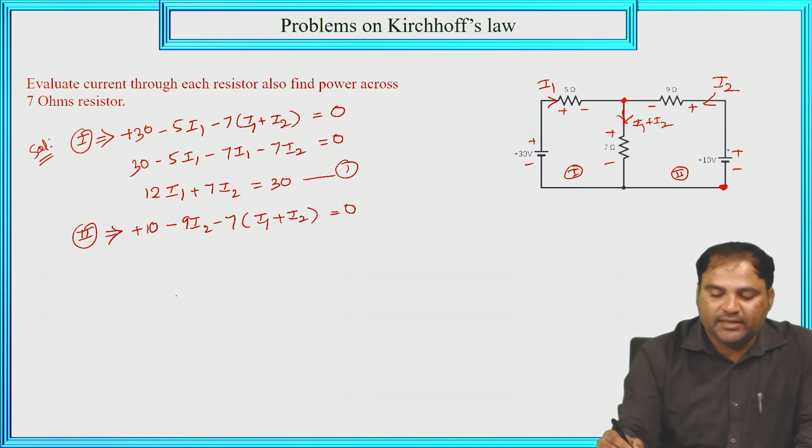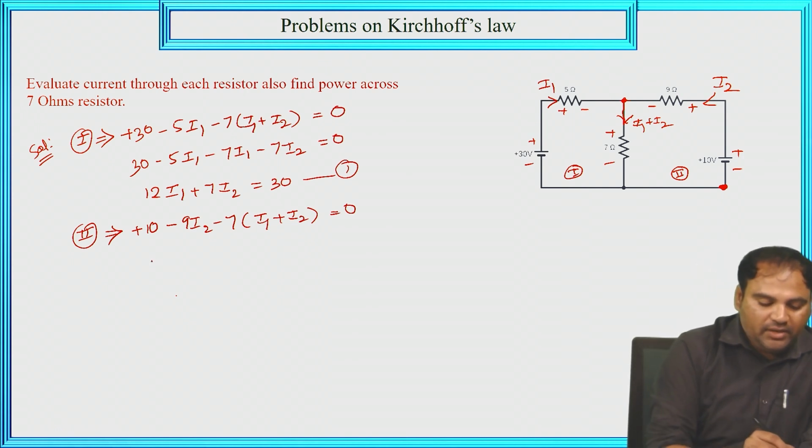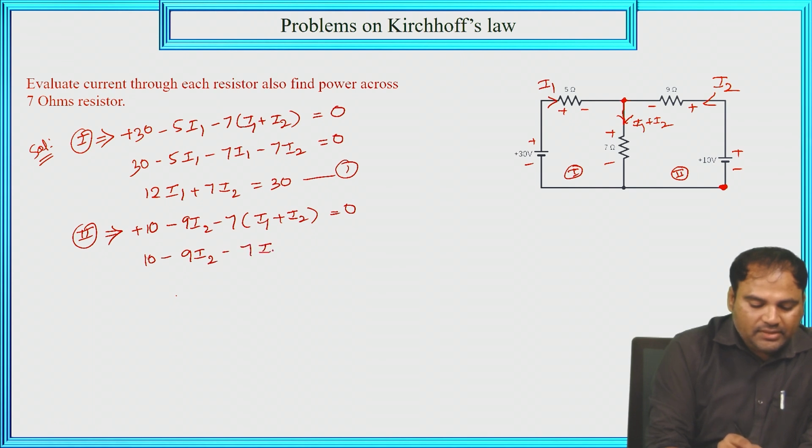So plus 10 minus 9 into I2 minus 7 into I1 plus I2, that should be equal to 0. Now simplify the equation: 10 minus 9I2 minus 7I1 minus 7I2 equal to 0.